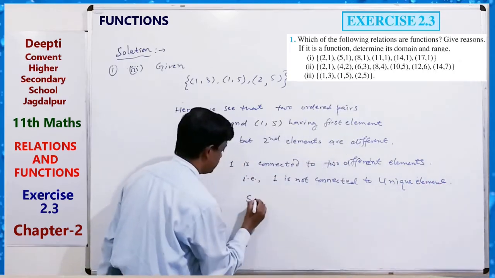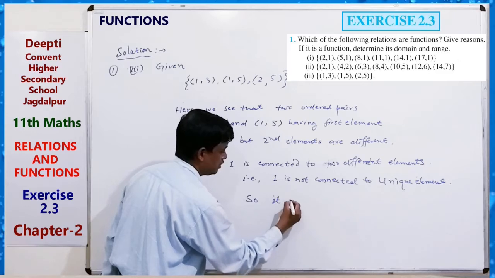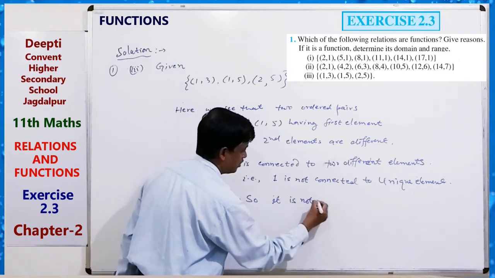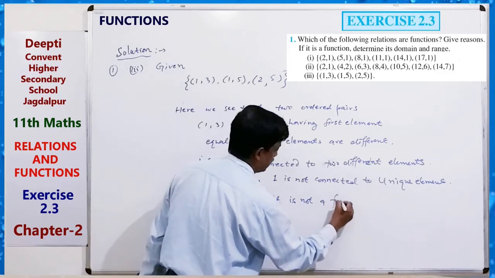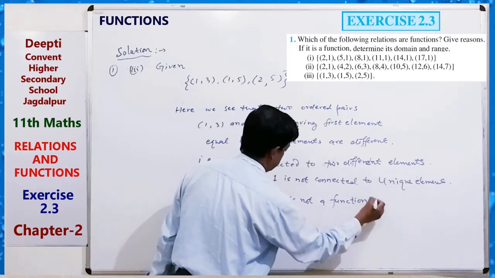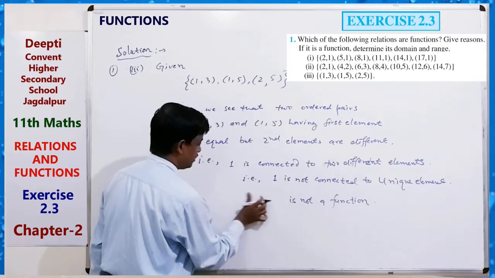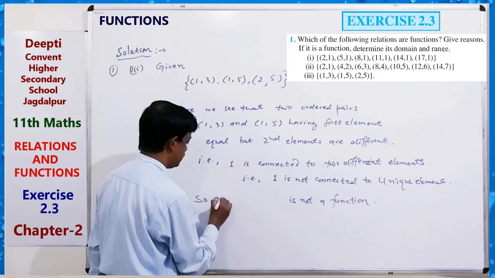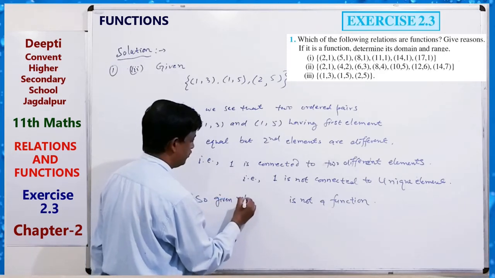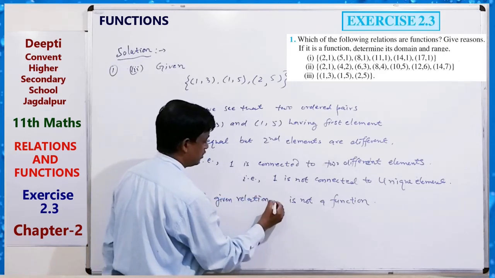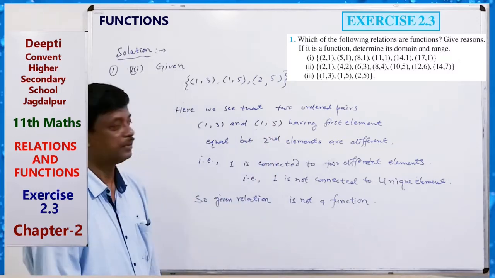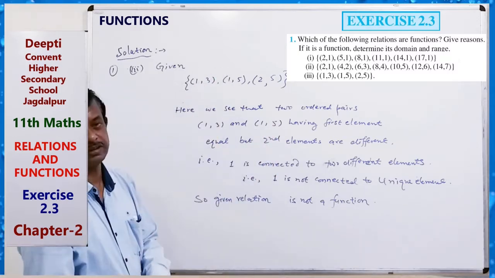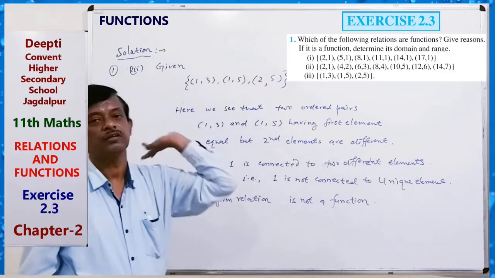So the given relation is not a function. Clear? The third one is not a function and the first two are functions.